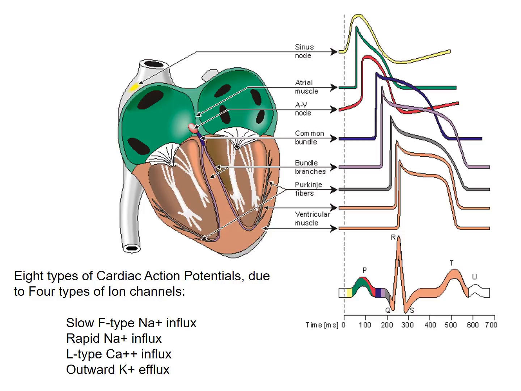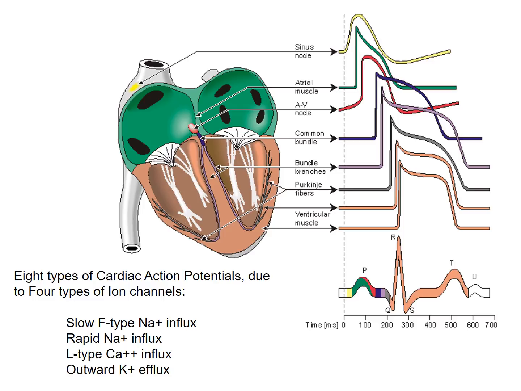And to get this electrical activity, to get those action potentials to occur in the heart, that happens based on 4 different types of ion channels: a slow sodium channel, a fast sodium channel, a slow calcium channel, and an outward potassium channel. So the sodium and the calcium channels are moving the ions into the cell, and the potassium channel is moving the potassium ions out of the cell.